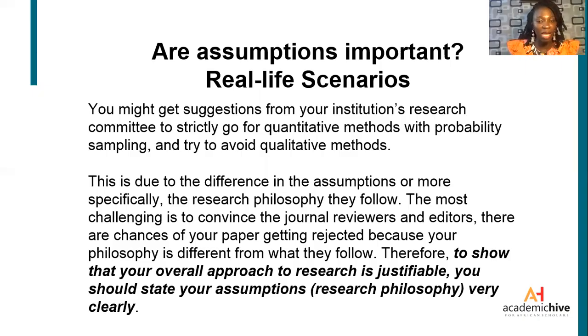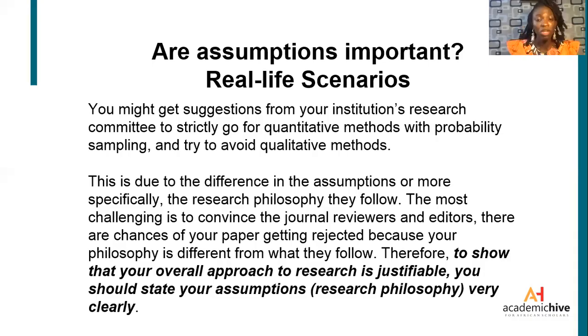Sometimes this can be quite challenging if it's a journal you're submitting to. Some journals will tell you they do not welcome opinion research, they do not welcome qualitative research, they want empirical research that has been done quantitatively. So sometimes it's linked to the assumptions that they follow.